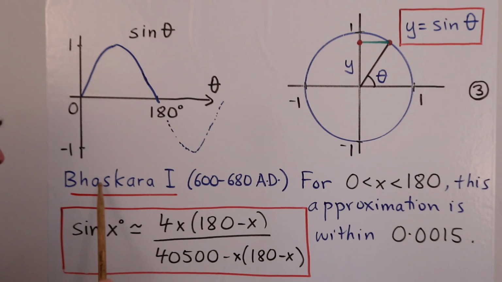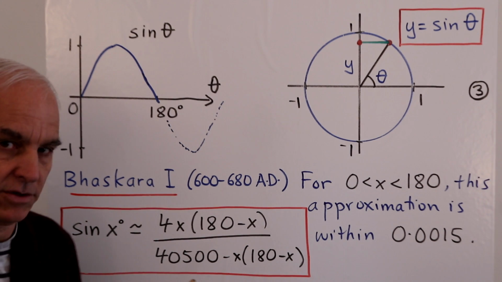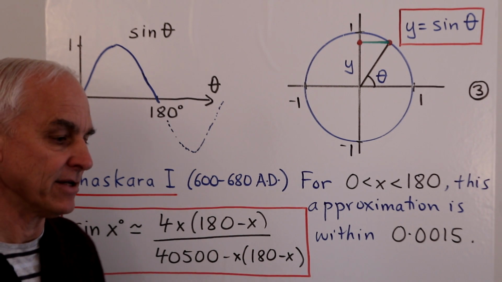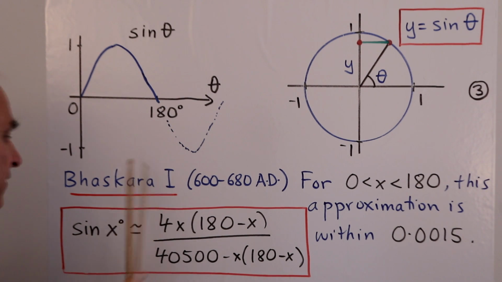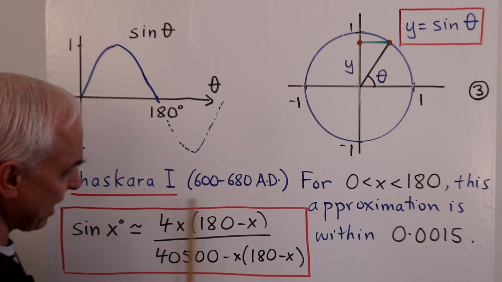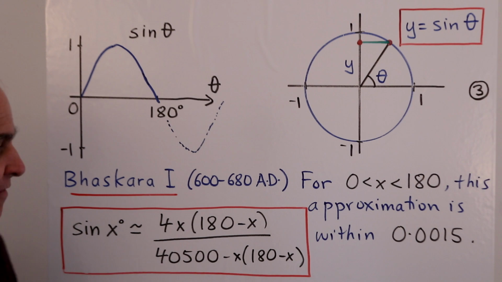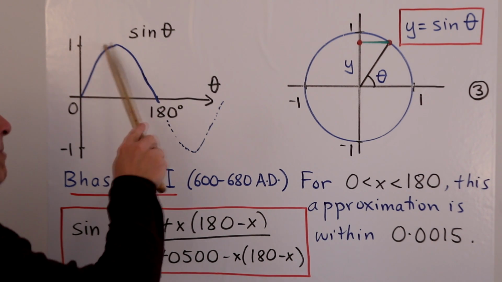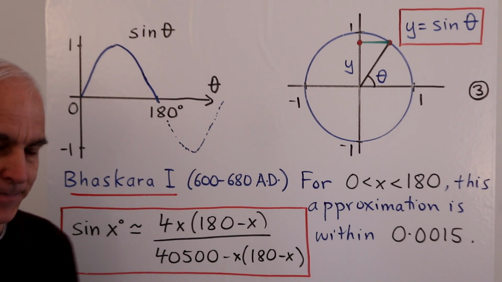intensively, and a mathematician called Bhaskara I, so there was also Bhaskara II some centuries later, but Bhaskara I somehow discovered this remarkable formula for an approximation to this function.